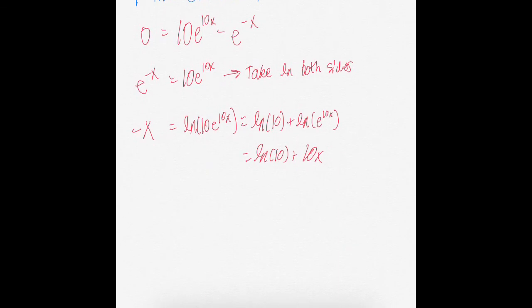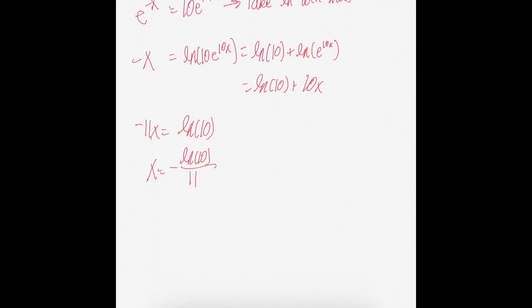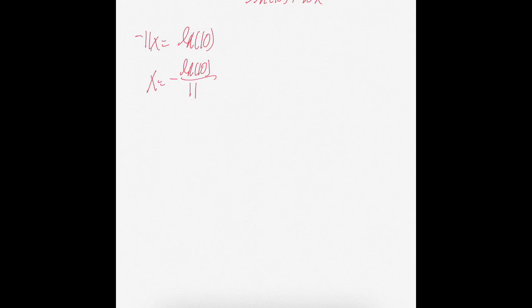And that is equal to ln of 10 plus 10x. Now we're talking. So now I can solve for x, and I get negative 11x equals ln of 10. So x equals negative ln of 10 over 11.